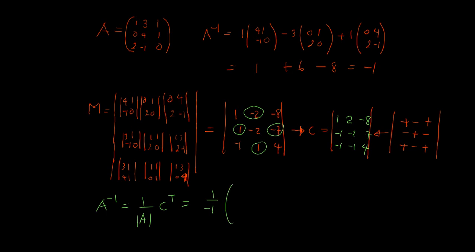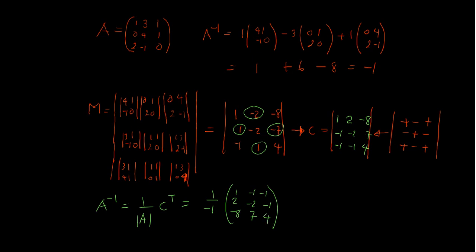For the transpose of C, you interchange rows and columns: you get 1, 2 and minus 8. Then you get minus 1, minus 2 and plus 7. Then you get minus 1, minus 1 and plus 4.